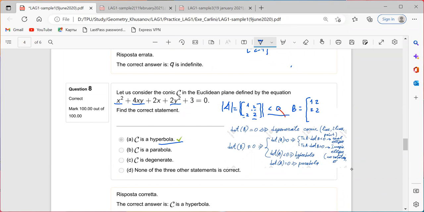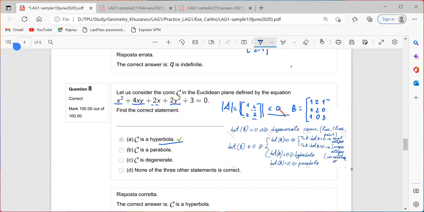Then consider the linear part. Half of the coefficient of x we will put here, and half here. The coefficient of y, linear y, we have none, that's why 0 and 0. And then we consider the constant term, 3, and put it here.